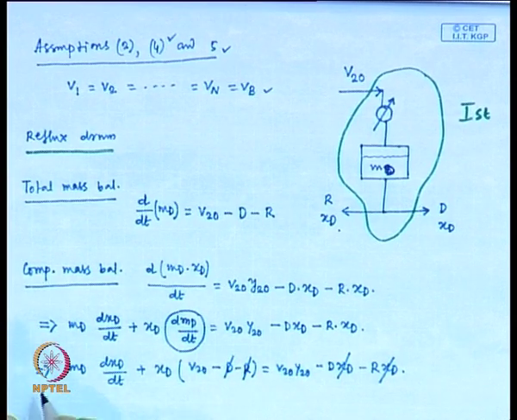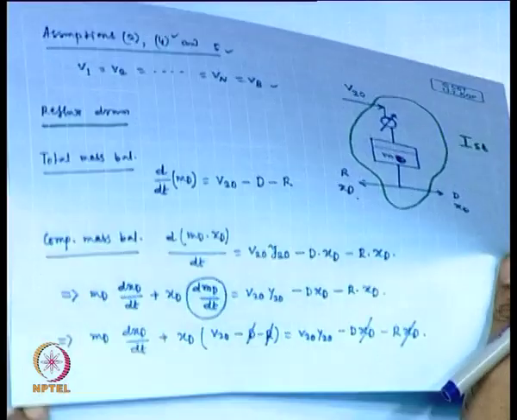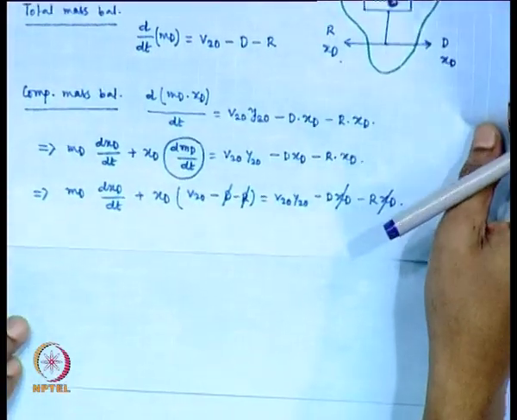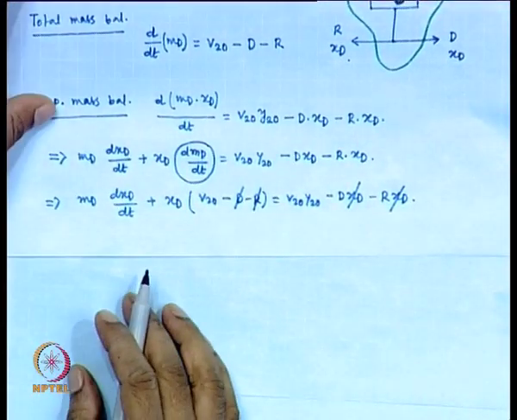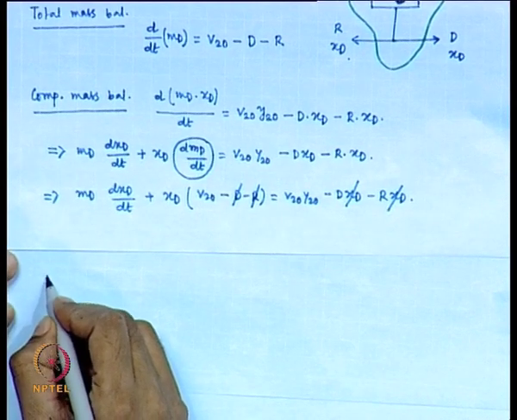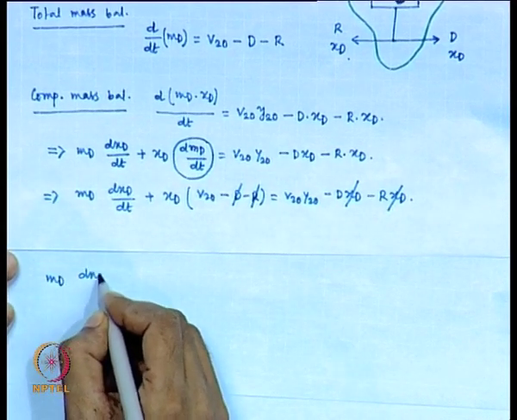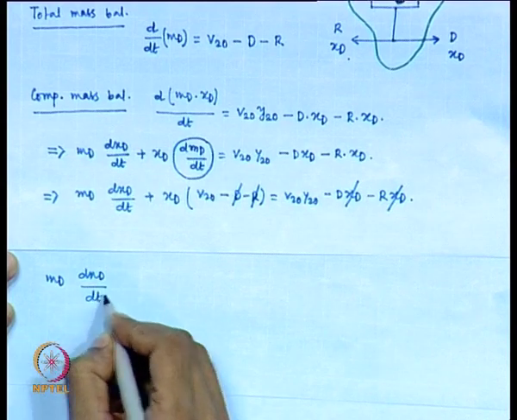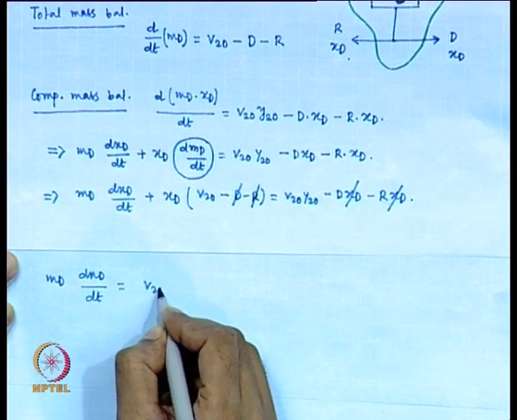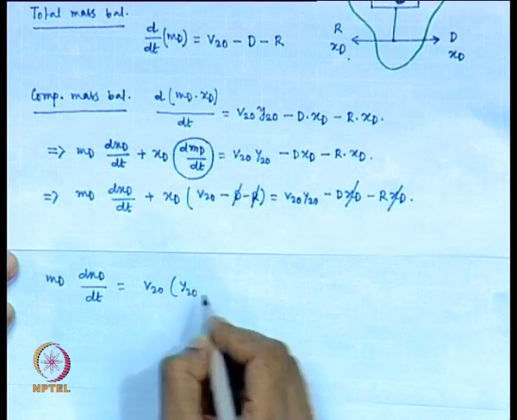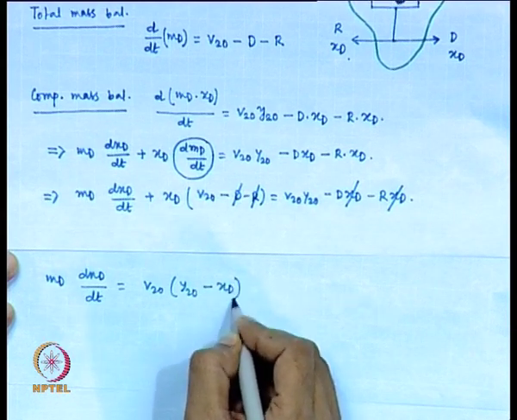So, what will be the final expression? The final expression will be MD dxD/dt equals V20 times (Y20 minus xD).